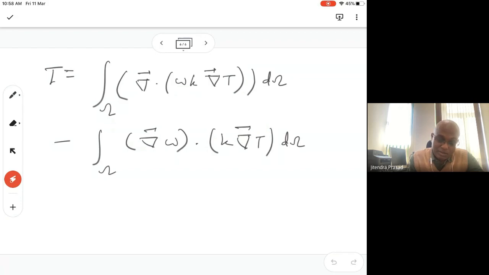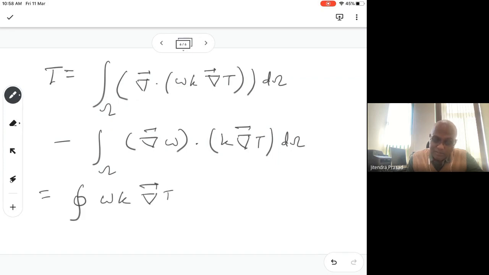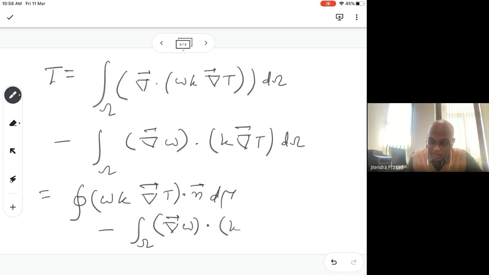So the first term, by the divergence theorem, becomes the line integral of w K gradient of T dot n, minus the integral over omega of gradient of w dot K gradient of T d omega.